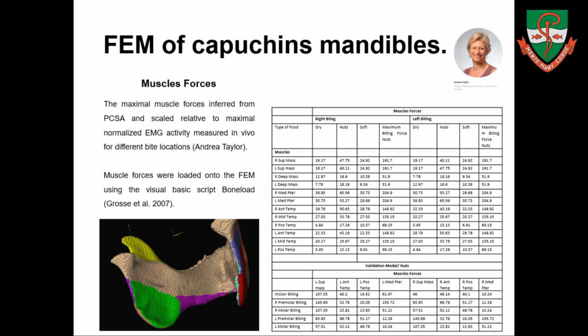You can see that they collected the data from different variables, like biting on the right and on the left side, on different types of fruits. And they sent me this information in the lab to solve the model.